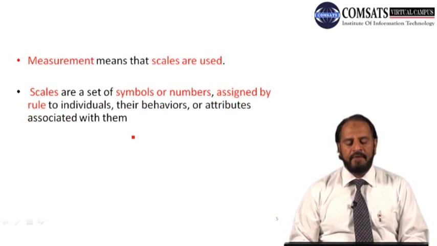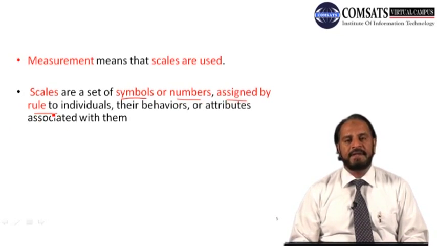So when we say measurement, it means that we are trying to use scales to measure a particular variable. The scales are a set of symbols or numbers assigned by a rule.